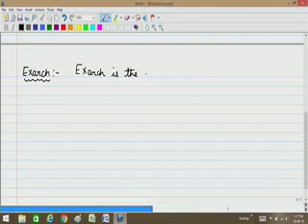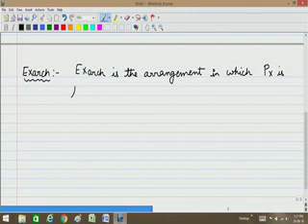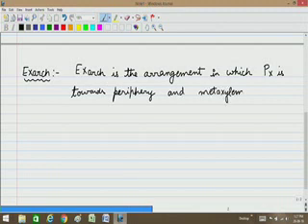Exarch is the arrangement in which protoxylem is towards periphery and metaxylem towards center.